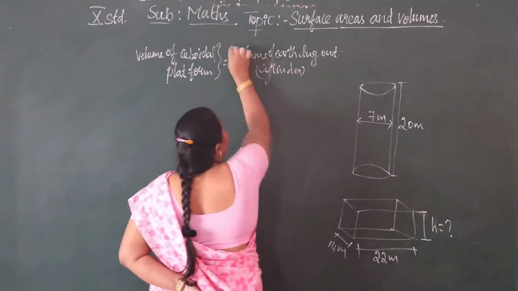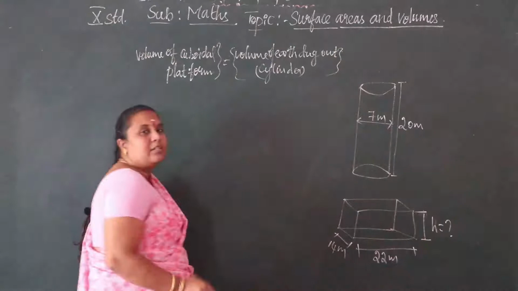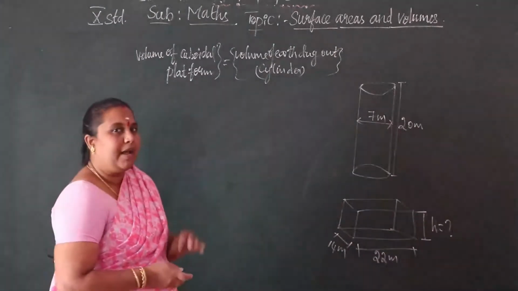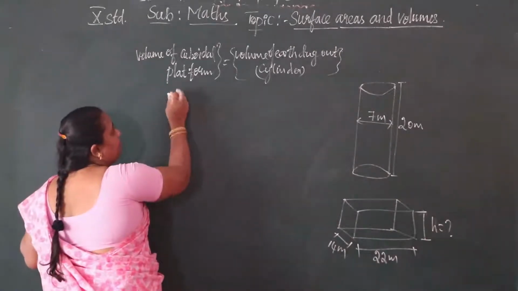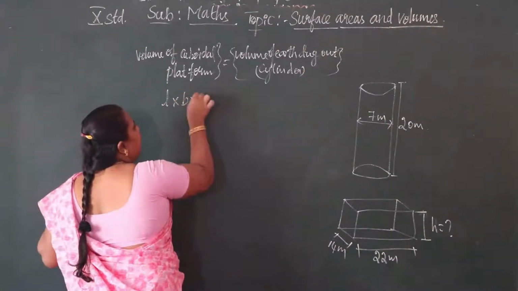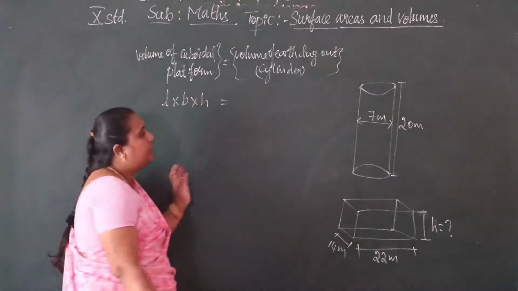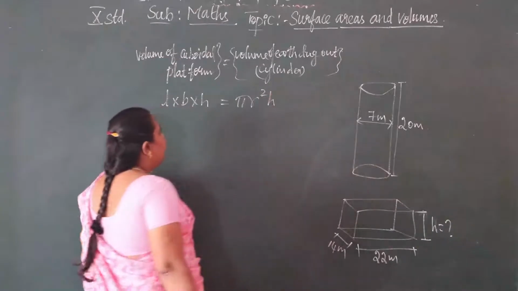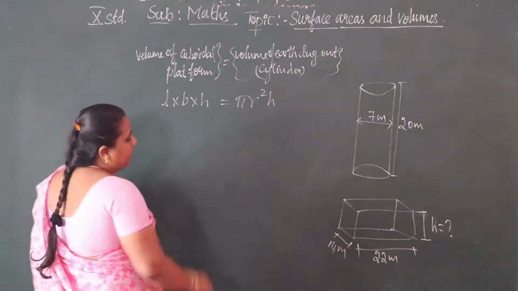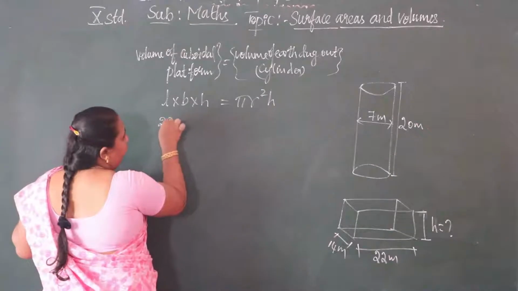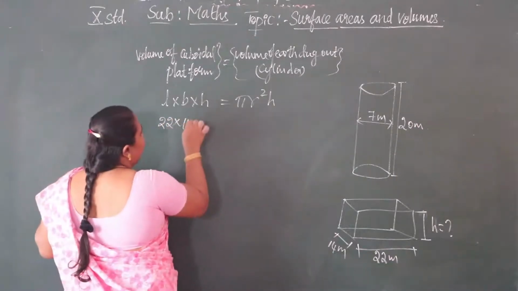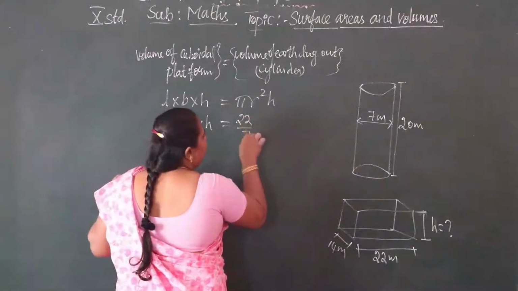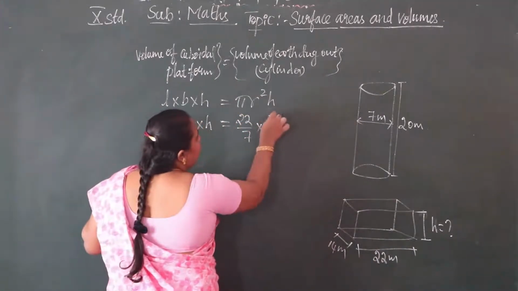That is, the well is dug out to form a platform. So the formula is L into B into H equals pi r square H. Here L into B, L is 22, B is 14, into H which we want to find out. Pi value is 22 by 7, into R value 7 by 2.